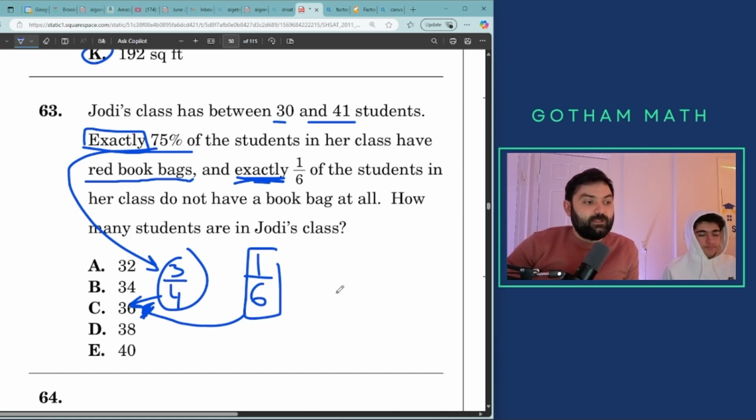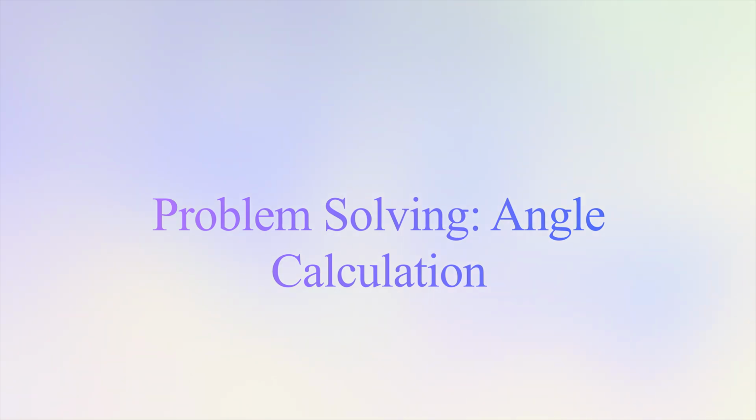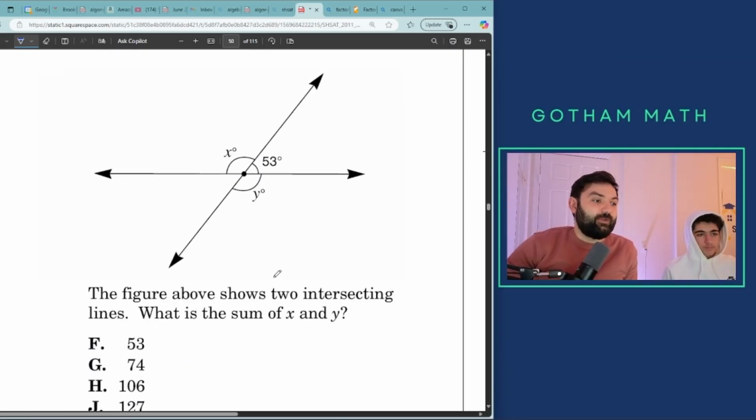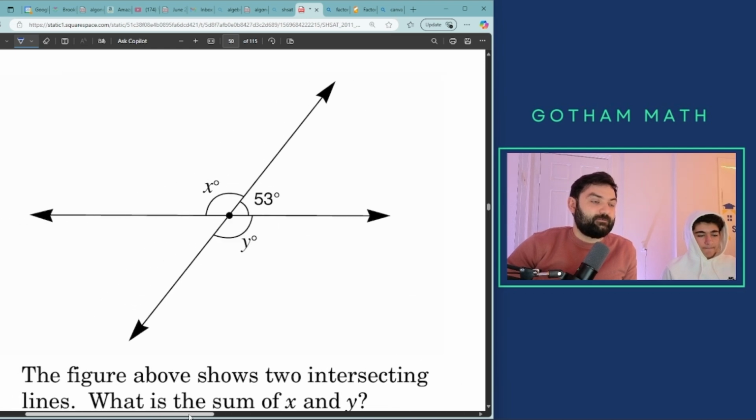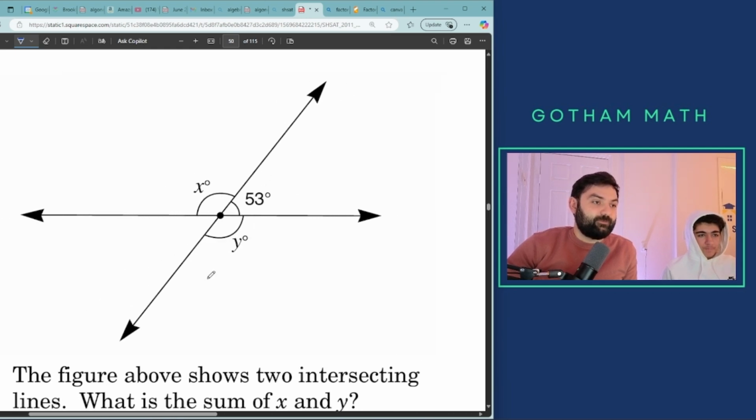Okay? All right, moving on, 64. Well, 64, I would want you to get right 100% of the time, because if not now, then from now on for sure. When we have two angles standing on the same line like that, imagine that this doesn't exist. What do we have?